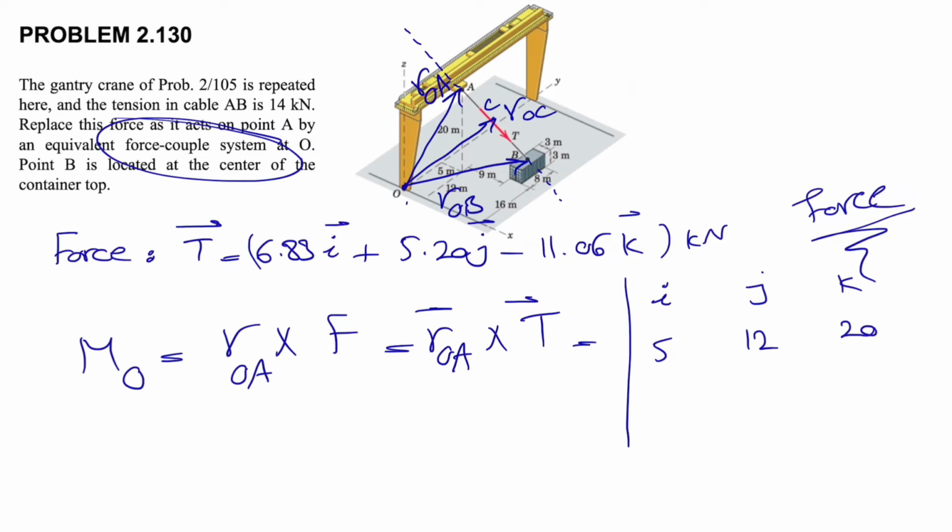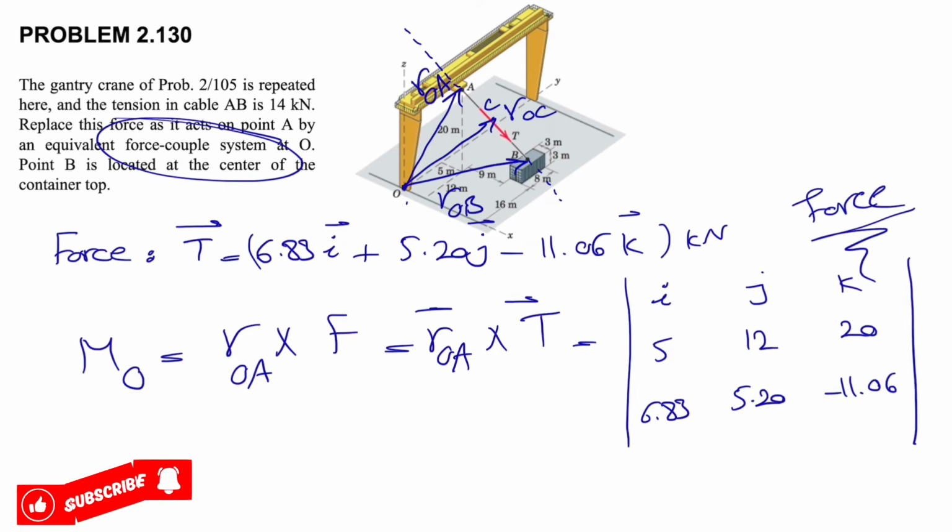If you look at the X, we'll have 5 for X. For Y, we'll have 12. And what we have for K will be 20. So next will be our T, which we know from the previous part, the X component is 6.83. We have 5.20 for Y component, and minus 11.06 would be our Z component.